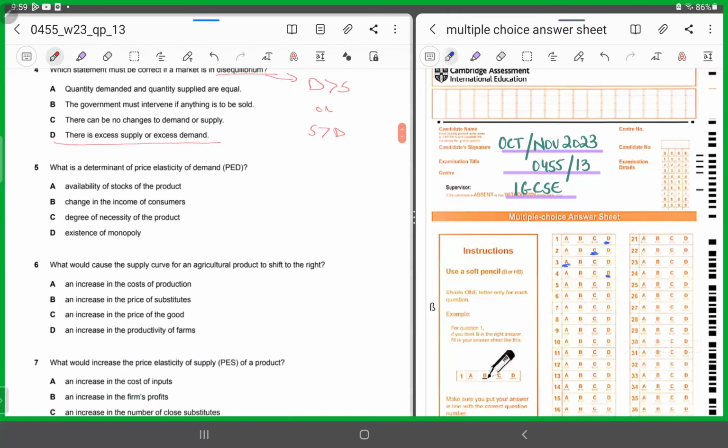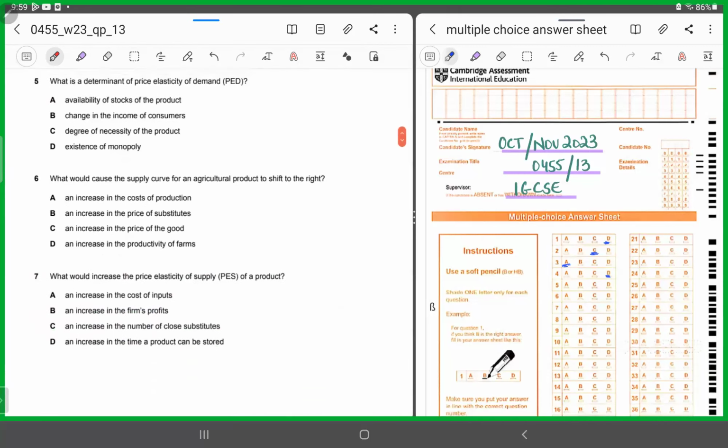All right. Number 5. What is a determinant of price elasticity of demand? Price elasticity of demand is the percentage change in quantity demanded divided by percentage change in price, right?